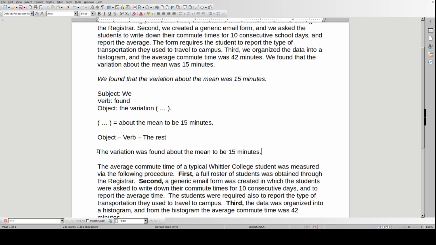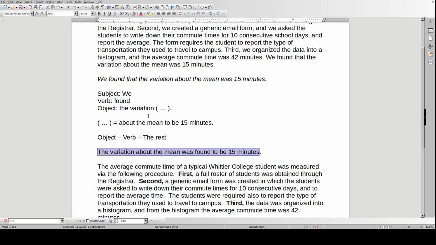However, that doesn't make any sense. The variation was found about the mean to be 15 minutes. So I think this parenthetical part, the variation of what? Well, about the mean. The variation about the mean was found to be 15 minutes. So that's a very nice passive voice sentence.